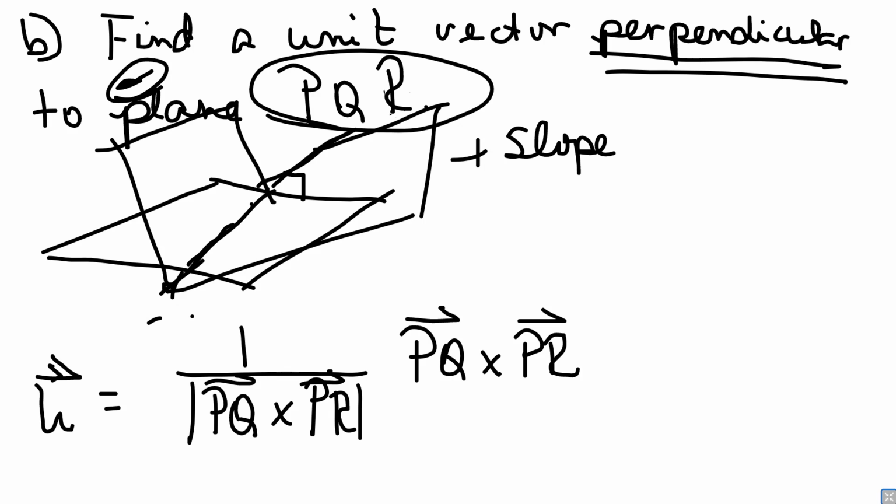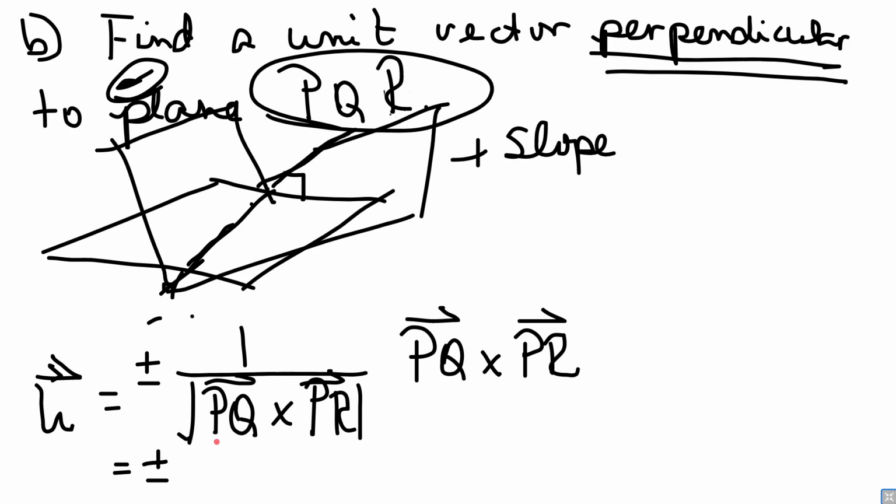So for this particular unit vector, we've got to put plus or minus on there, because there's actually two vectors that could work for this. Okay, so if we take a look at this, we're going to have plus or minus.